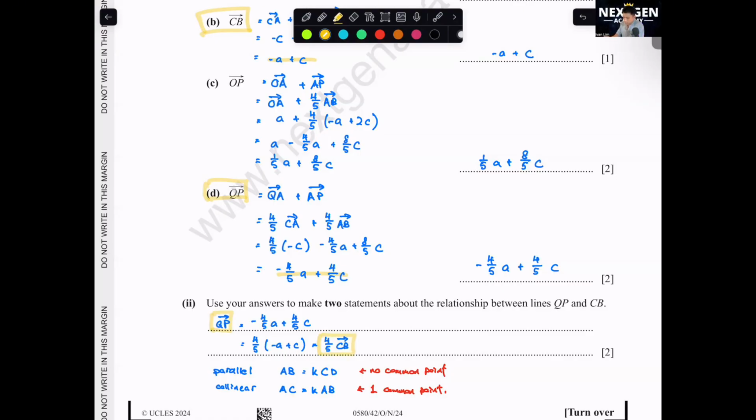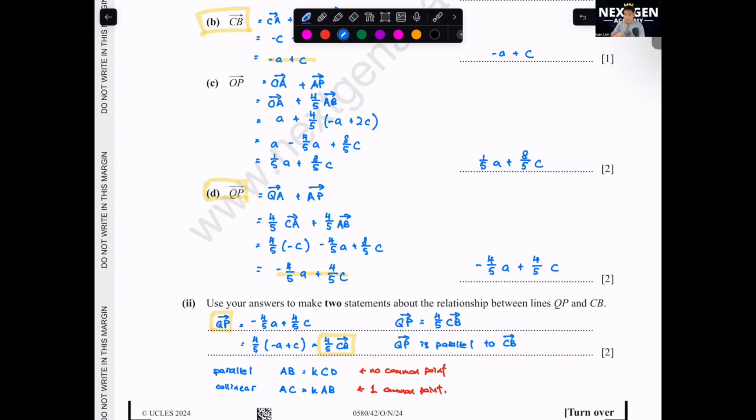Is there any common alphabet between both of them? Don't have, then they are just parallel to each other. What they allow you all to do is just straight away write down QP is 4 over 5 CB. Then you can say that QP is parallel to CB.